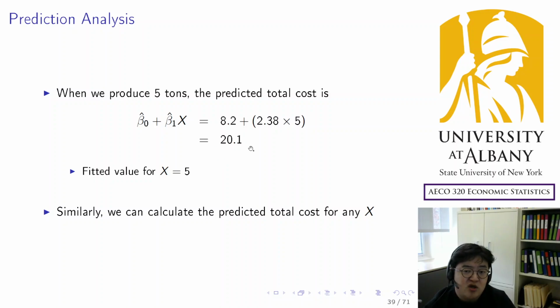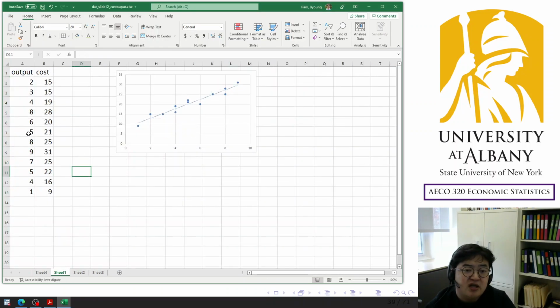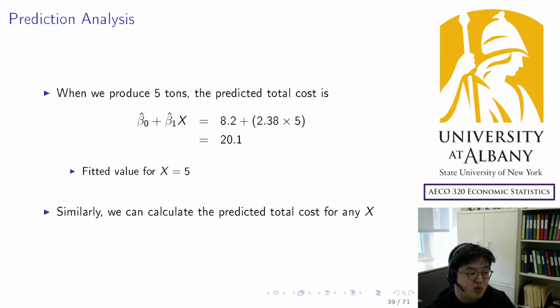Okay, so now we just did a prediction for 5 units. What is interesting here is, let me show you the data. We already have an observation of 5, right? So you may compare the actual realization with your prediction. The prediction was 20.1.